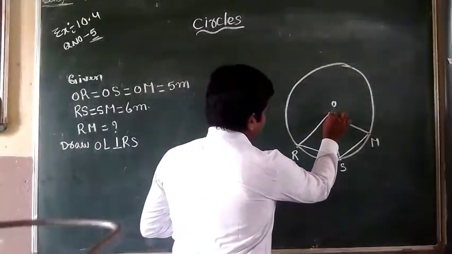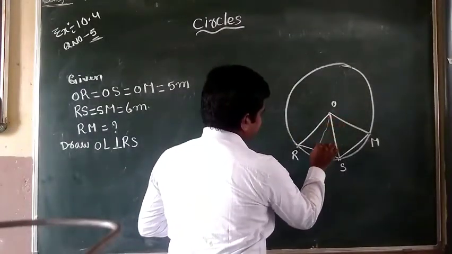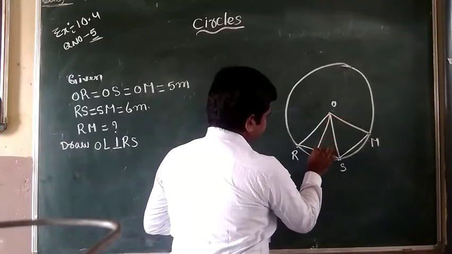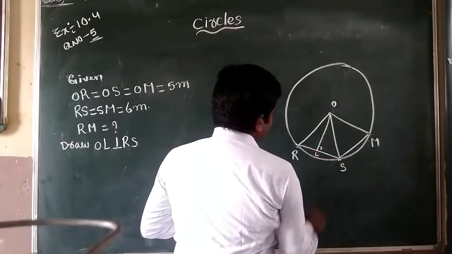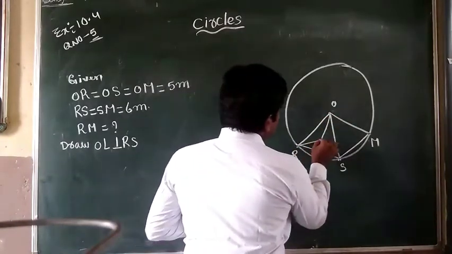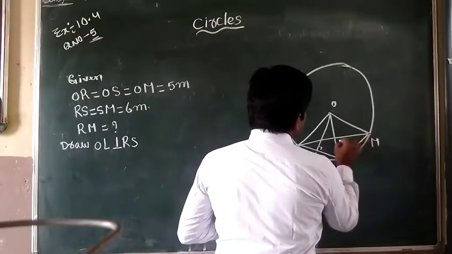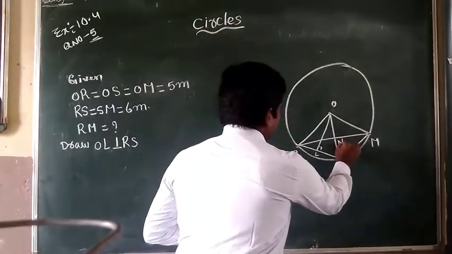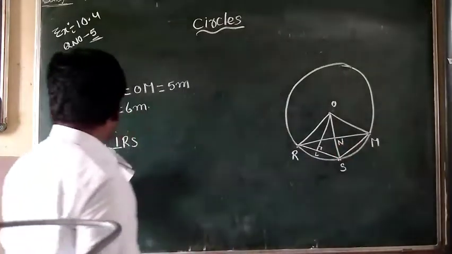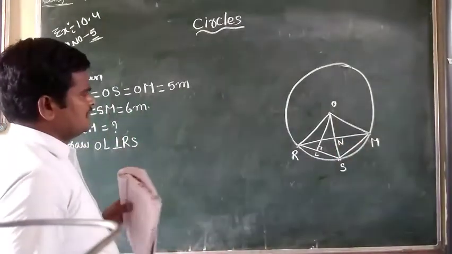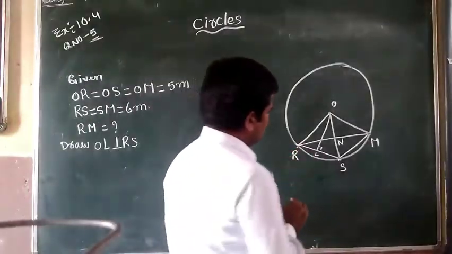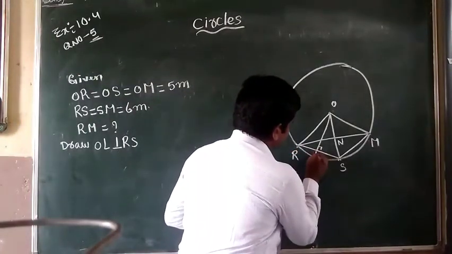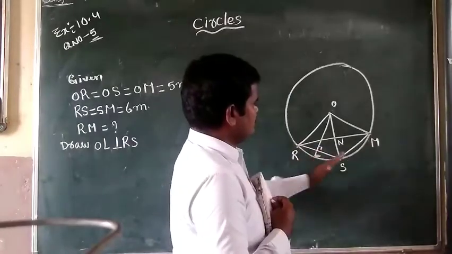This is the perpendicular, this is L, and this is N. Now RL equal to LS.